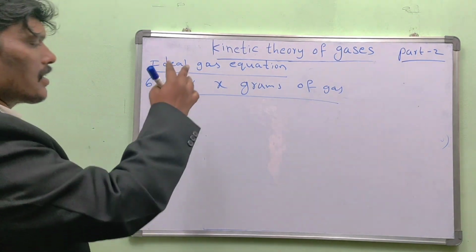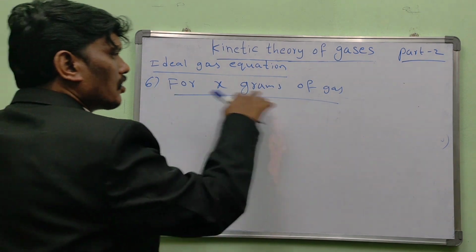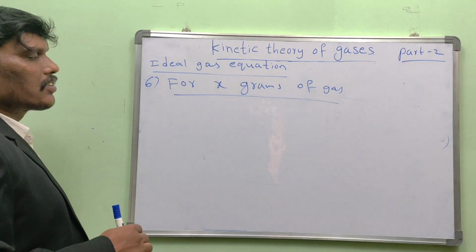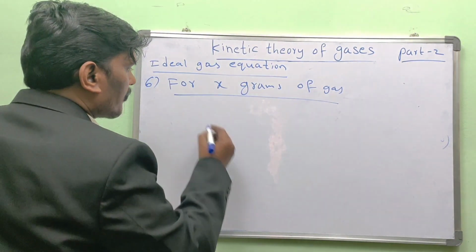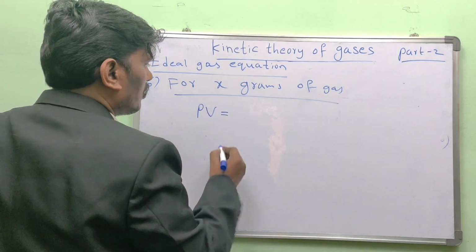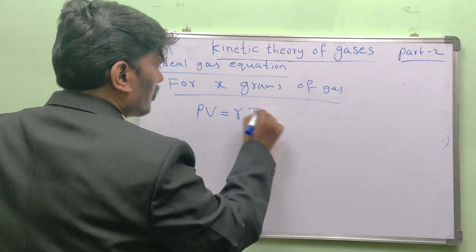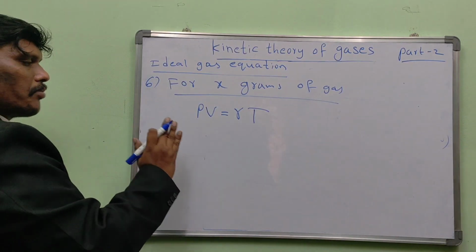The sixth form is for x grams of gas. How to write it? For 1 gram of gas we know that PV is equal to small r into T.